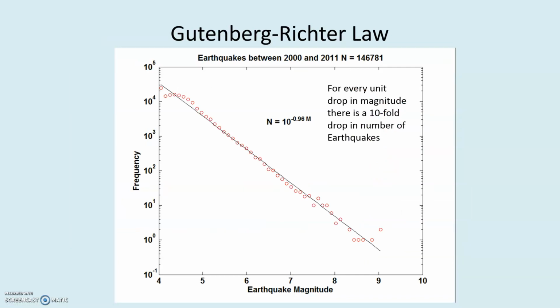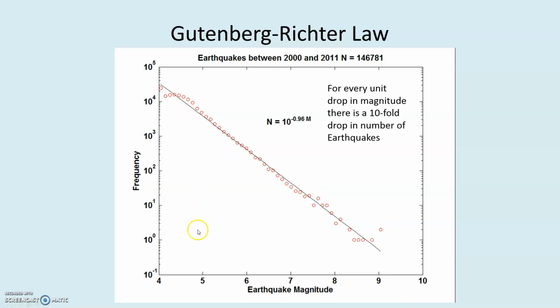Another way of looking at earthquakes is thinking about how the magnitude of the earthquake changes and the number of earthquakes. So here we're plotting the number of earthquakes, or the frequency of earthquakes, against the magnitude. And this relationship is called the Gutenberg-Richter relationship.